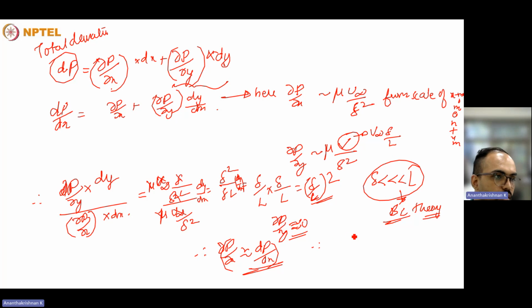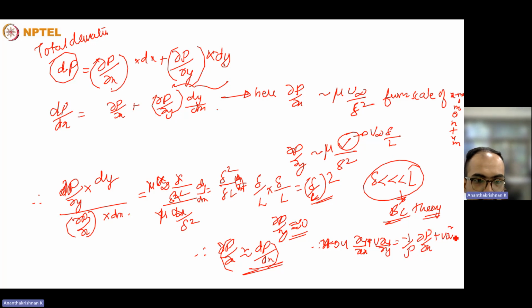The original x momentum equation will become u ∂u/∂x plus v ∂u/∂y equal to minus 1 by rho dp/dx plus nu ∂²u/∂y².